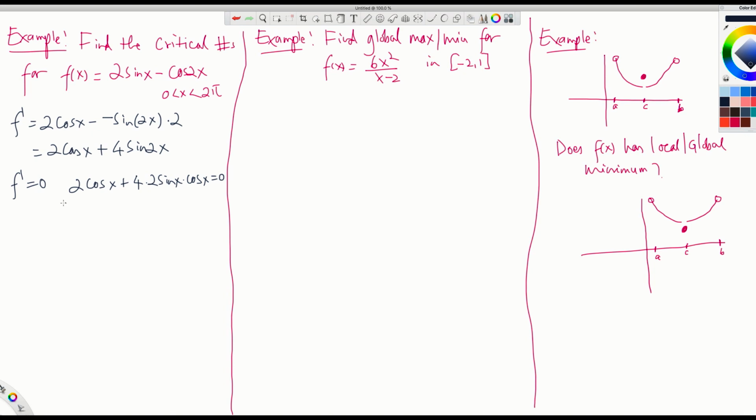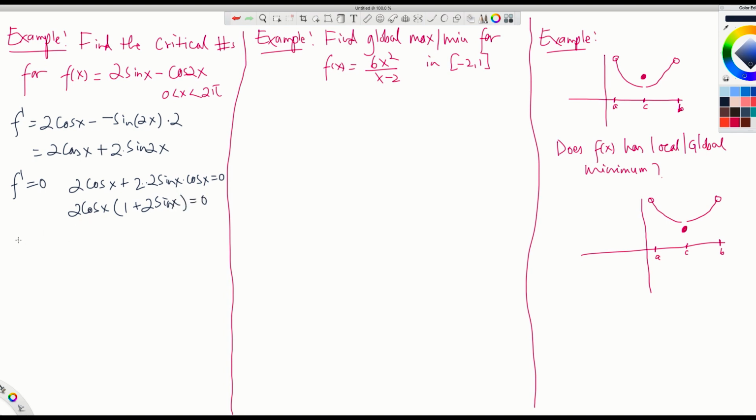So can you take something out? Take out 2 cosine of x, right? So what do you get? You will get 1 plus 2 sine x equals 0.